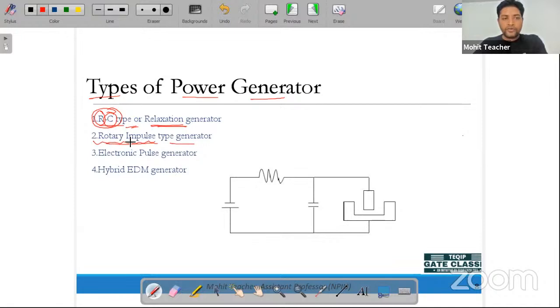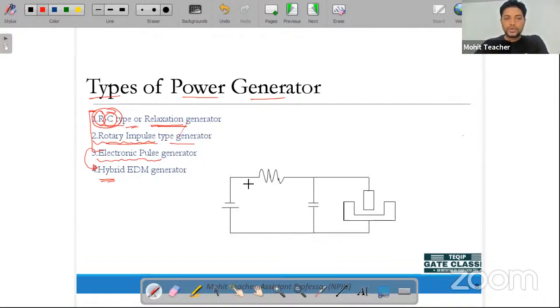Apart from this, we can use electronic pulses as well. And hybrid is nothing but the combination of these 3, so the hybrid EDM system. We are just discussing this one only, that is the RC type.